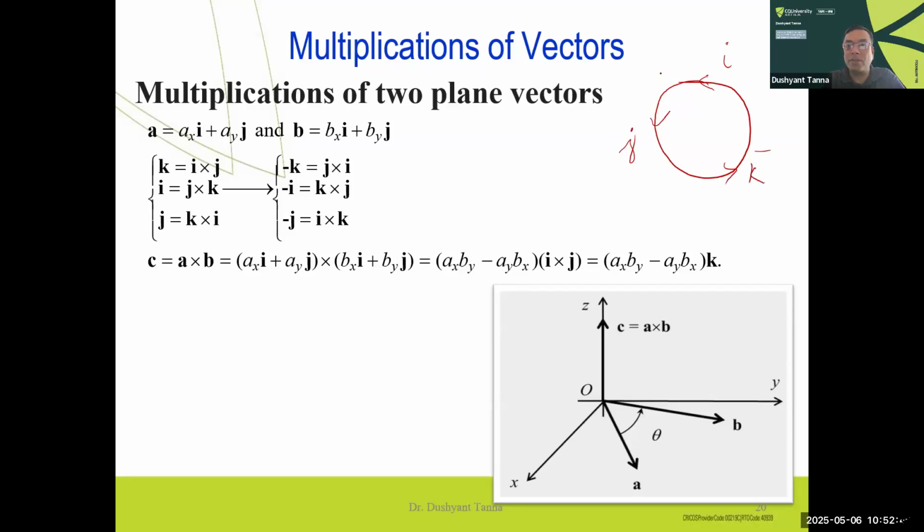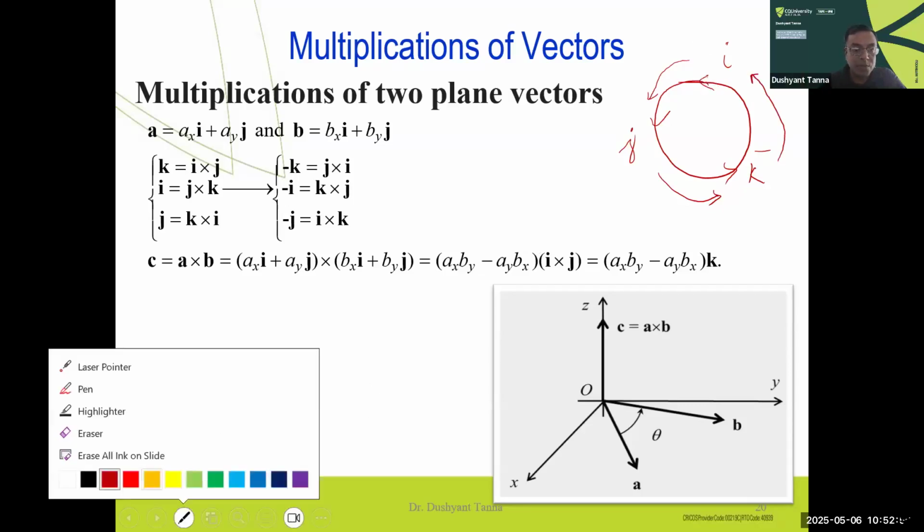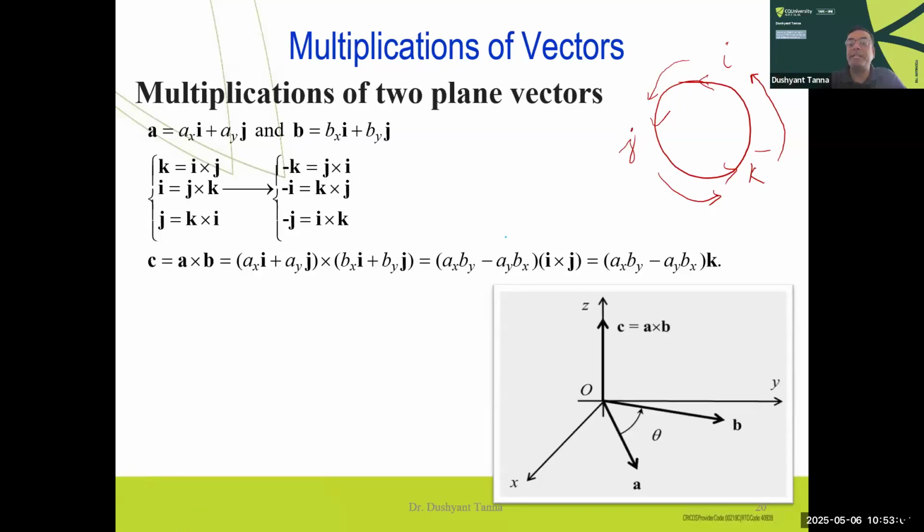If you go in the same direction, I cross J will be K. J cross K will be I. And K cross I will be J. But if you swap the direction, in a different color, light blue, I cross K will be negative J. K cross J is negative I. And J cross I is negative K.